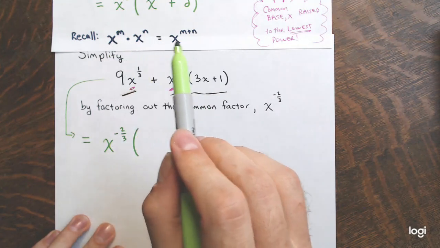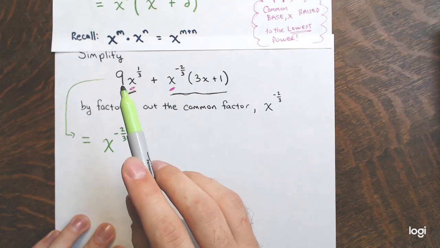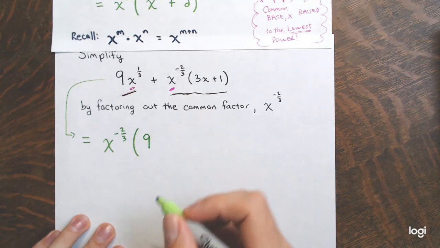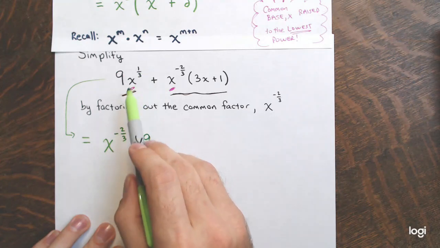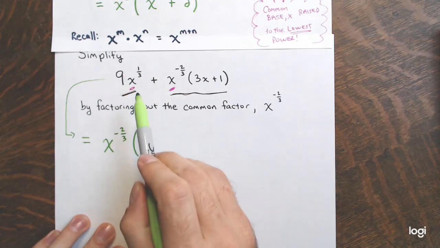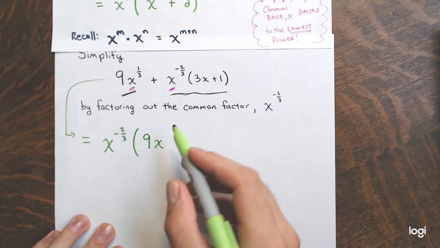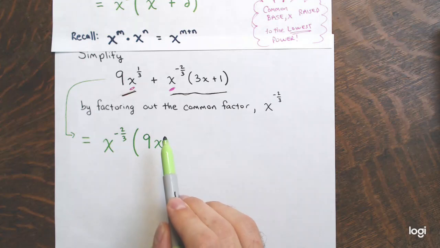And don't forget this property here will help. So the first term, I didn't pull out anything to do with 9, so 9 is still there. And I didn't pull out x to the 1/3, I pulled out x to the negative 2/3. So there's still some power of x left. What does the power on this need to be?